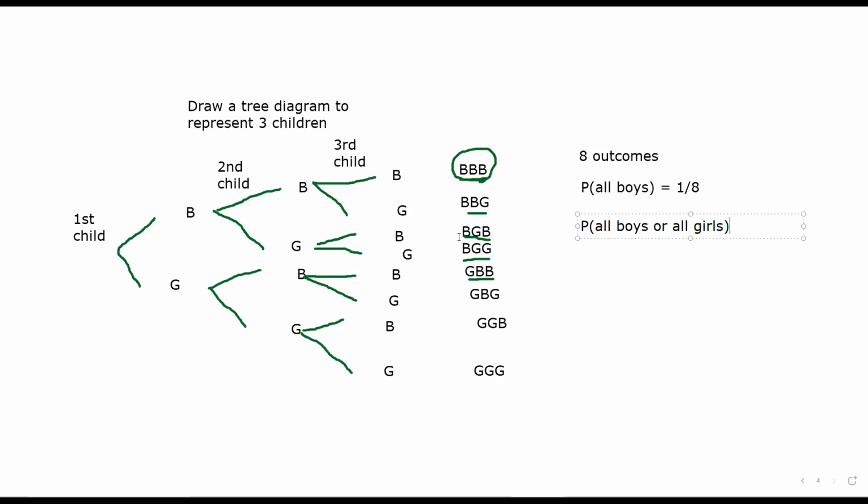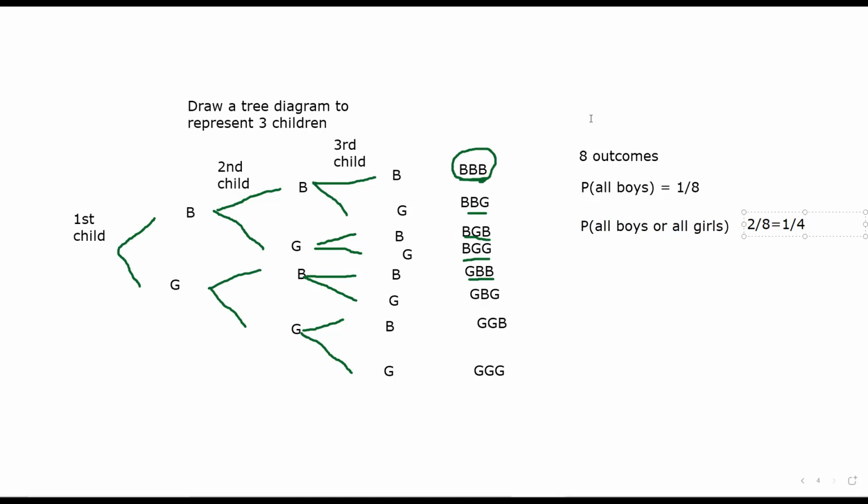Yes. Where is it? At the bottom. So how many outcomes are all boys or all girls? 2 out of 8, or 1 out of 4, right?